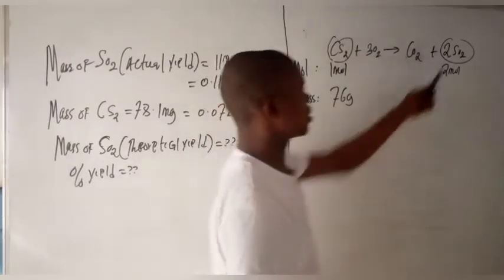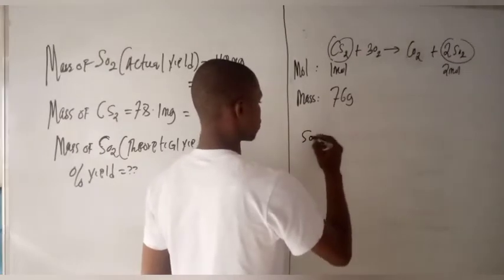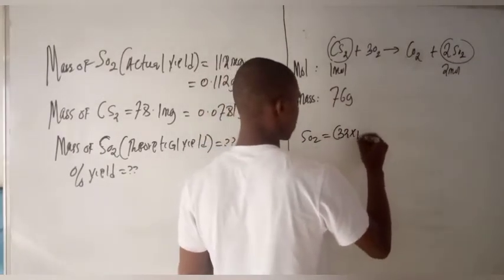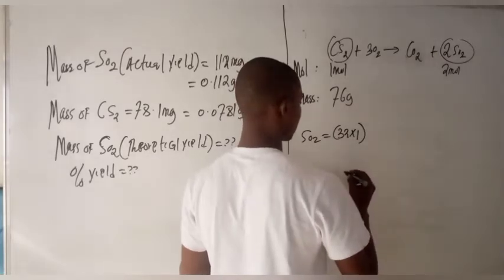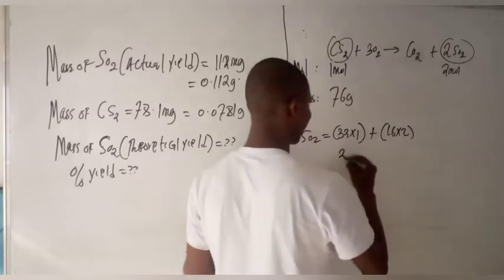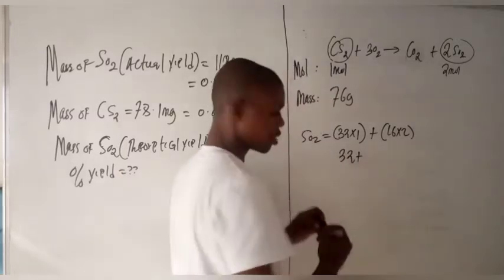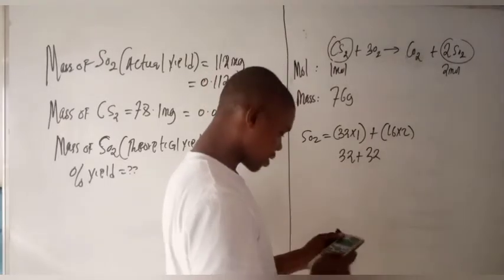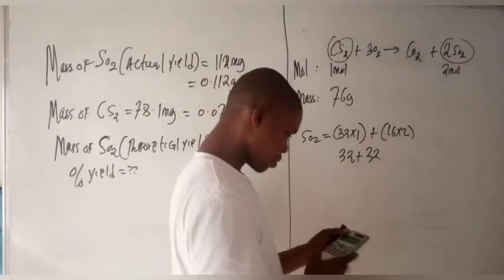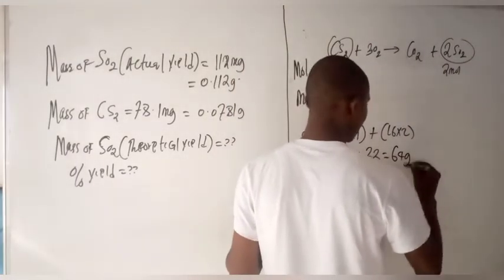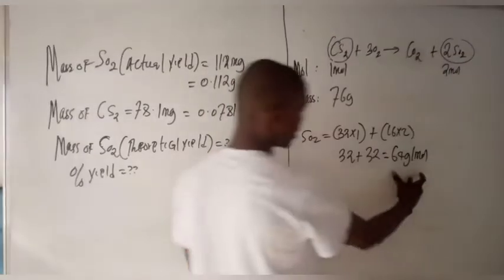The next thing is SO2, which is 32 times 1, plus 16 times 2. Here we have 32 plus 32, so 32 plus 32 gives 64 grams per mole.